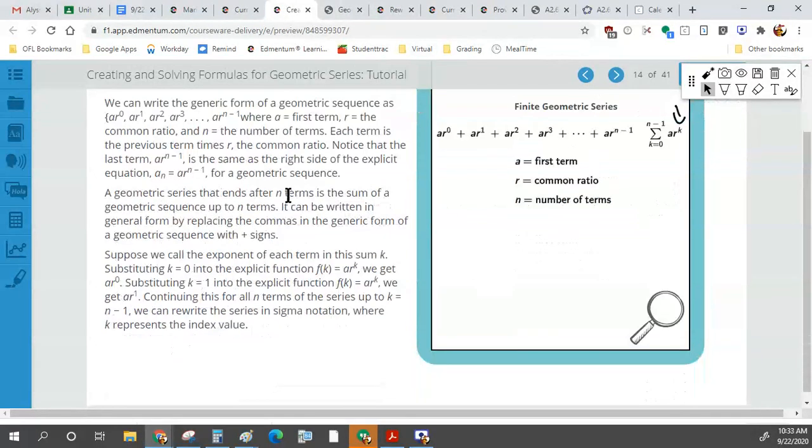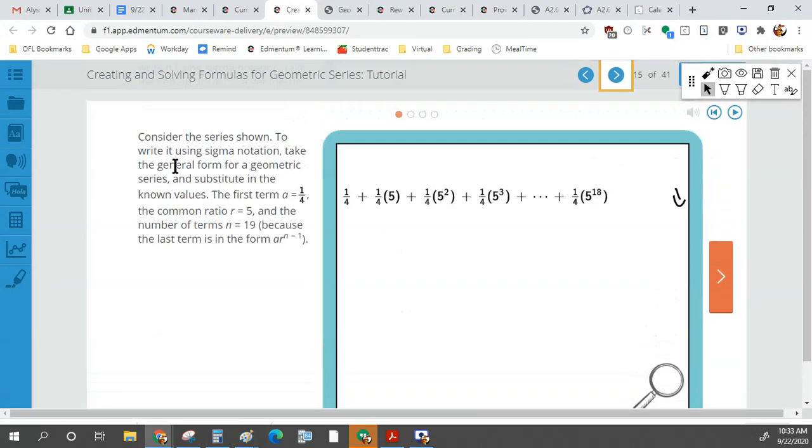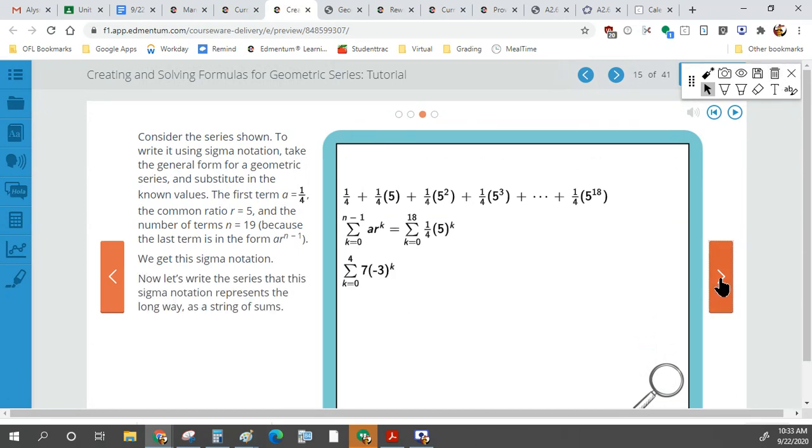All right. So that's how we're going to be doing this. We're going to keep going until we finally get to that last term. So let's see how we do it here. We're going to use this formula.